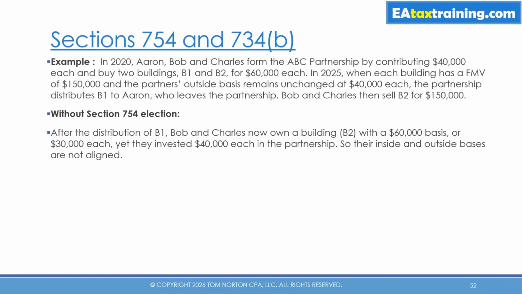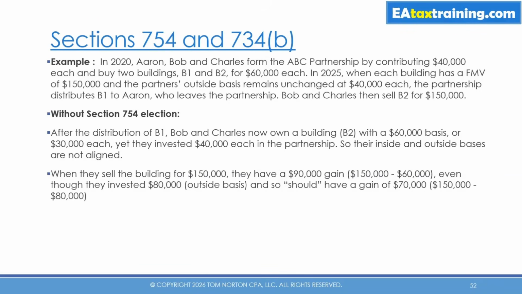Yet they invested how much in the partnership? They invested $40,000 each in the partnership. So they invested, between the two of them, $80,000 in the partnership. But the only asset that they own has a basis of $60,000. So their inside basis and their outside basis are not aligned.